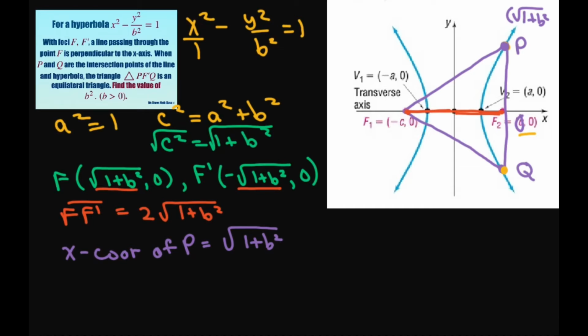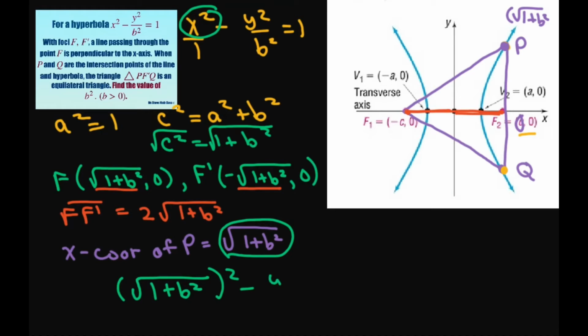Now that we have that, P is on the hyperbola, so I can substitute this in for my x-coordinate. That gives me the square root of 1 plus b squared, squared, minus y squared divided by b squared equals 1. Remember our goal is to solve for b squared.